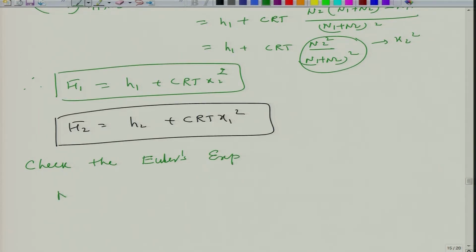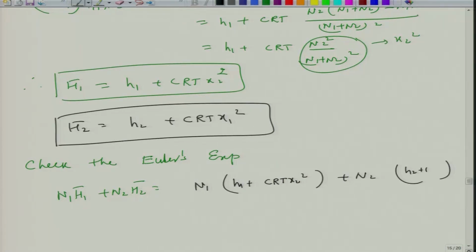N1 H1 bar plus N2 H2 bar, whatever relation we wrote here: this was H1 plus CRT x2 square, this is H2 plus CRT x1 square.